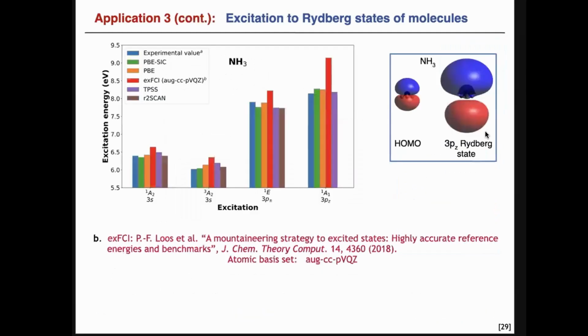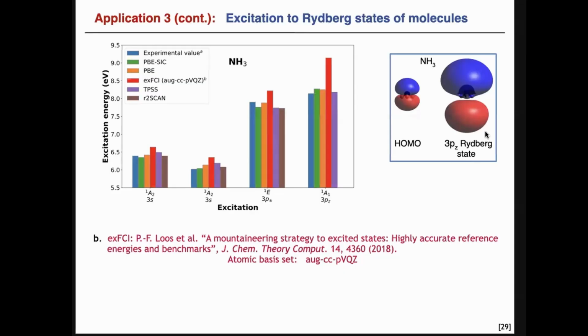But there was one state that particularly bothered us. That was the 3PZ state of ammonia, because the extrapolated full CI calculation from Toulouse is off by 1 eV as compared with the PBE calculation, the self-interaction corrected calculation, or the experiment. And we believe this is because the atomic basis set is just way too narrow. It confines the Rydberg electron too much.